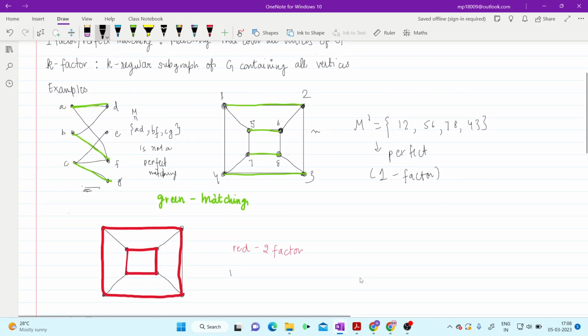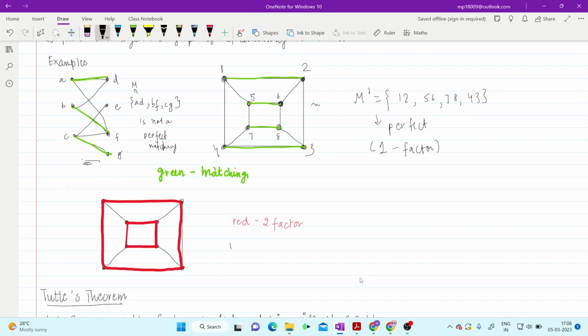Now in the same graph, we can also have a two factor. These red edges are forming the two factor. This subgraph of red edges forms a two factor because all the vertices here have degree 2, and all the vertices are also covered.